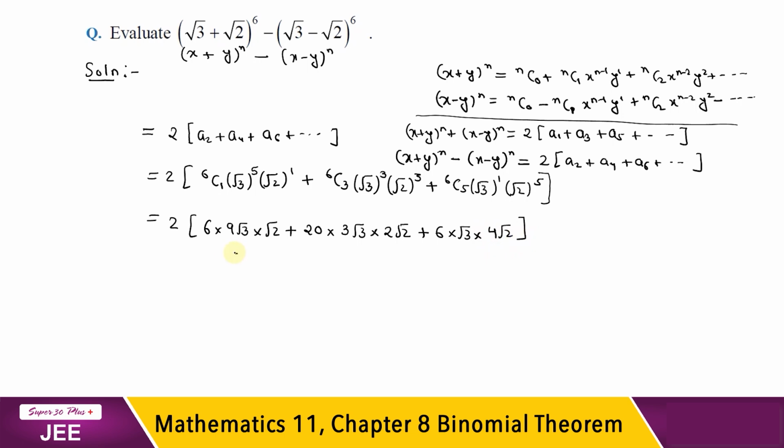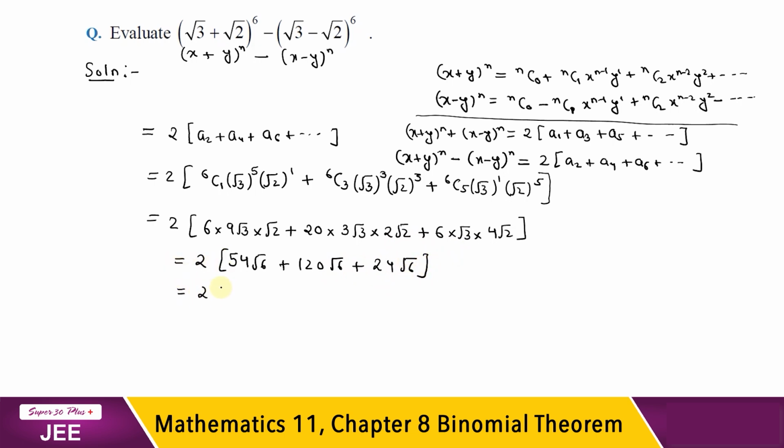Alright, so here we have 54 root 6, here we have 120 root 6, and here we have 24 root 6, all multiplied by 2.